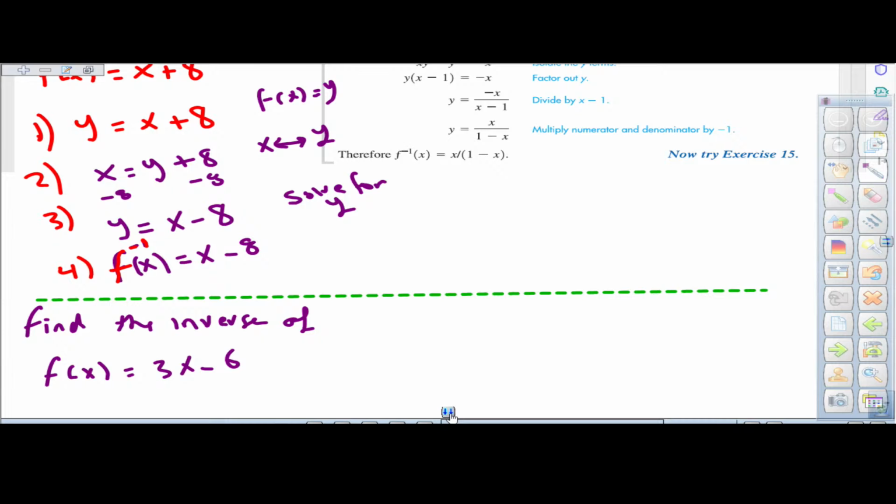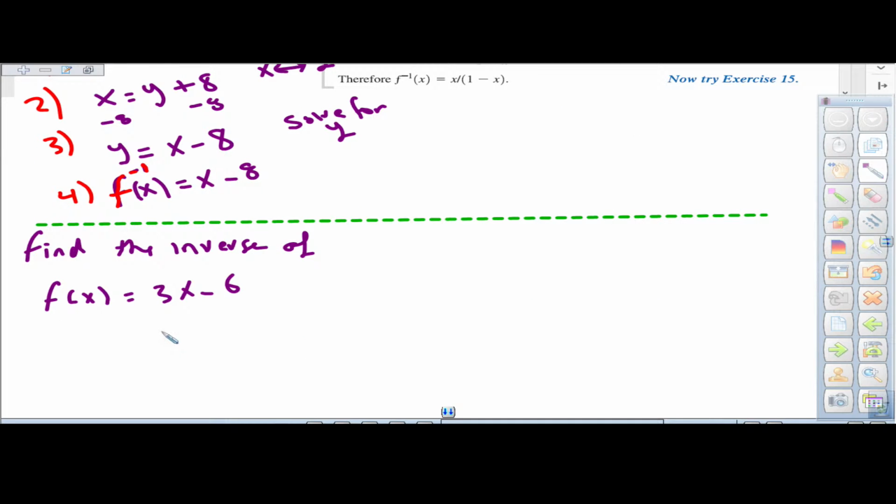Okay, 3x minus 6. What's the first step you think I should do? Change f of x to y. So that's going to be y equals 3x minus 6.